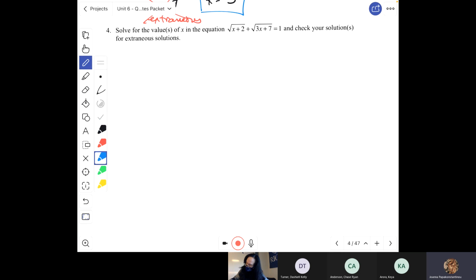Okay, so you're telling me to subtract this square root of 3x plus 7 from each side. Okay, I can do that. Giving me square root of x plus 2 equals 1 minus the square root of 3x plus 7. And again, I could put negative square root of 3x plus 7 plus 1, but to me, this looks prettier. It's more aesthetically appealing to me.